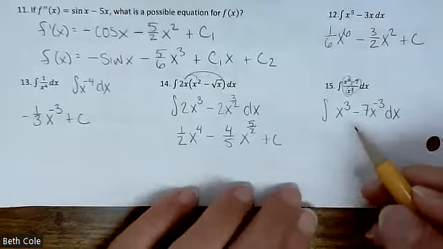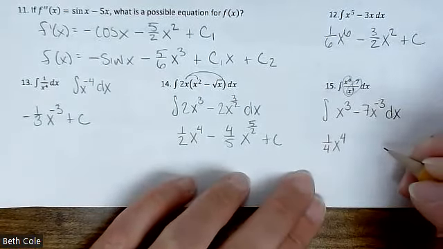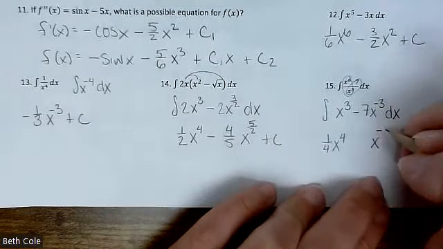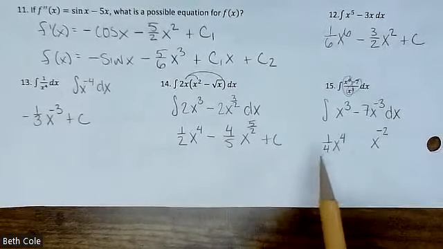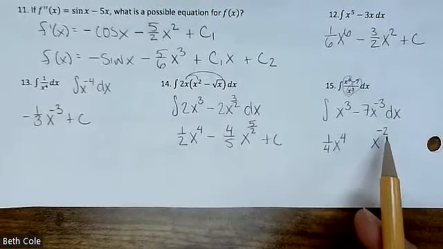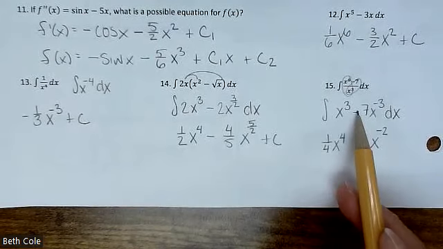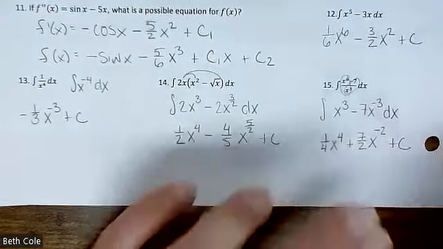So antiderivative would be 1/4 x to the 4th. Now here you need to make it less negative, so it would be -2. What would you want to put in front of that? It would be a -1/2, but you have to times that by a -7, so +7 halves, good, plus c.